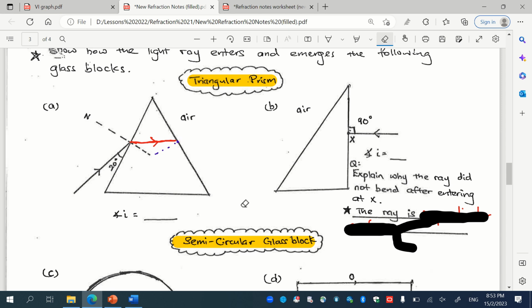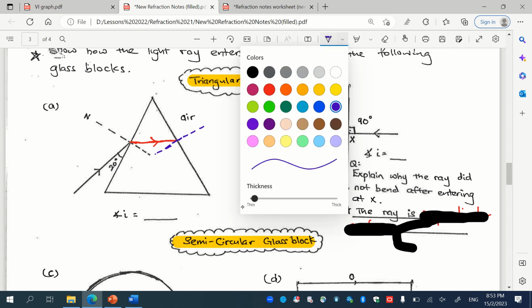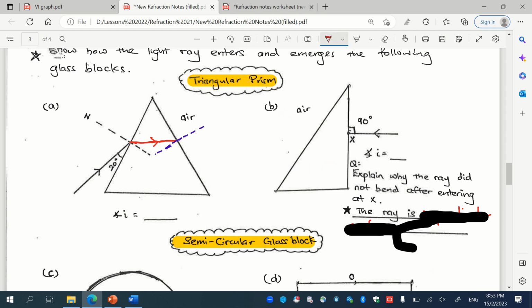Let me redraw this normal line. Now the light ray comes out from glass to the air, and bends. Original path was like that. Bend away means bend this side. Bend this way, away from the normal line.